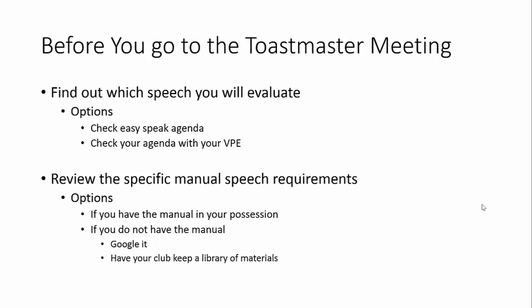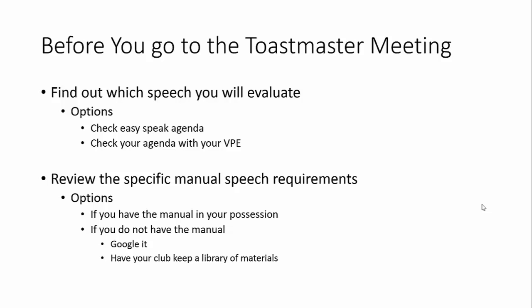One of the things you can do is go out and Google it. The other option is hopefully your club will keep a library of materials somewhere, maybe on that same shared folder that you have your agendas on. You would want to keep a library of materials where you've taken a picture or have a copy, somehow, of the requirements for the speech and the evaluation guide for that speech.